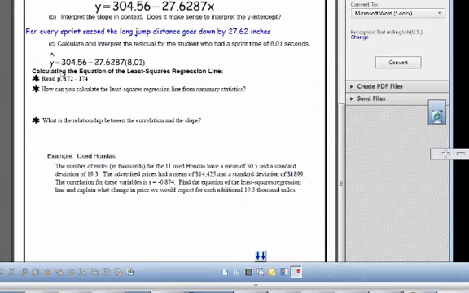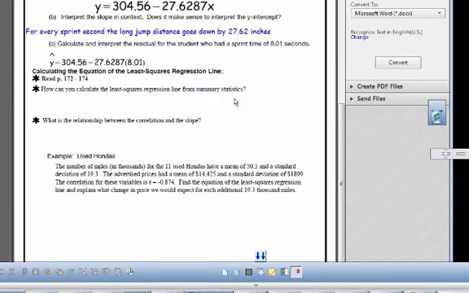The predicted distance for the student sprinting 8.01 seconds would be found by substituting 8.01 in for x. So to predict the length of the long jump of somebody running 8.01 seconds, we substitute 8.01 in for x, and we get 83.25. Now that's our predicted value.